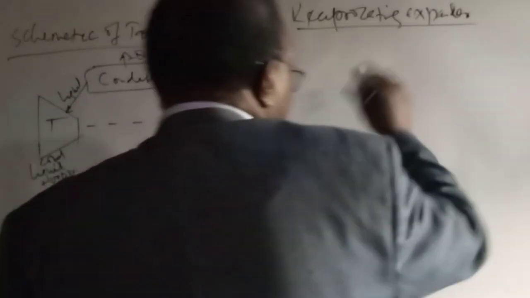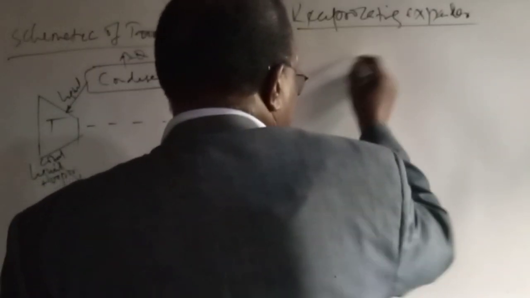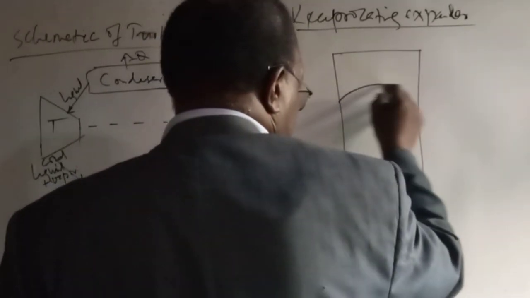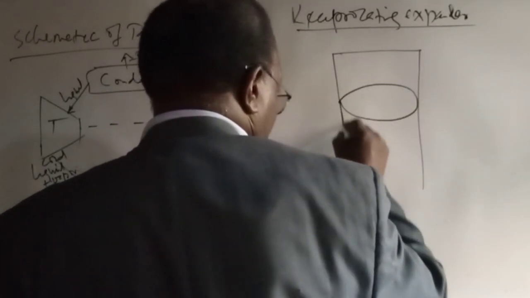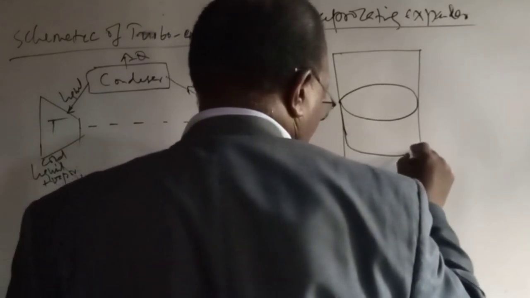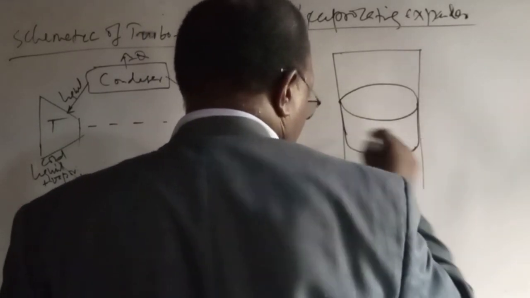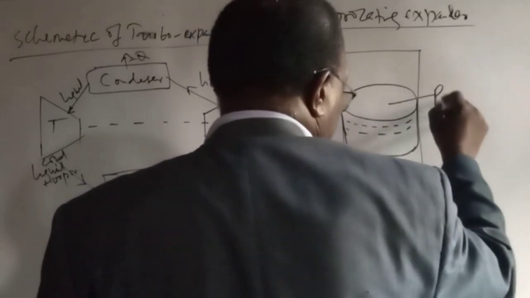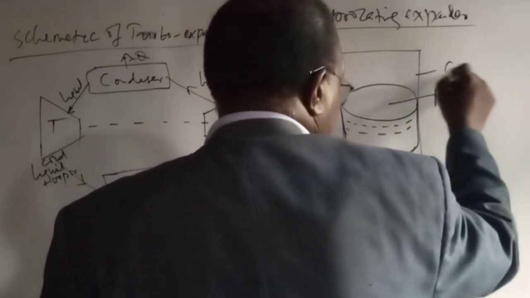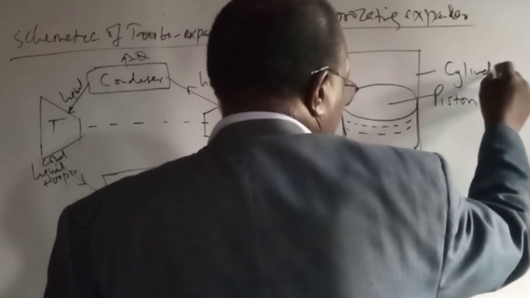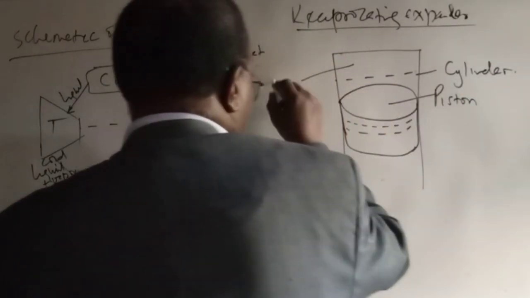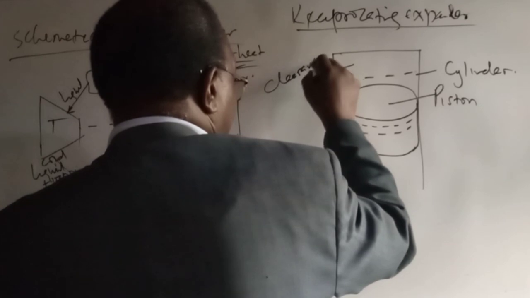Now, in the same way, here we have our piston cylinder model. This is the piston, and this is the cylinder. We have what we call the clearance volume. We're going to talk about it.